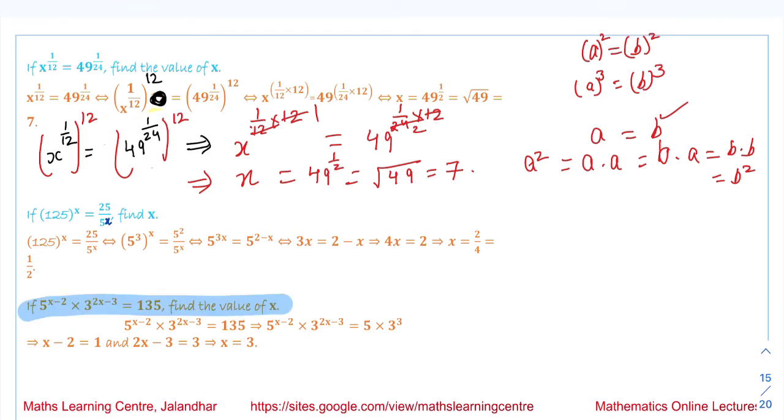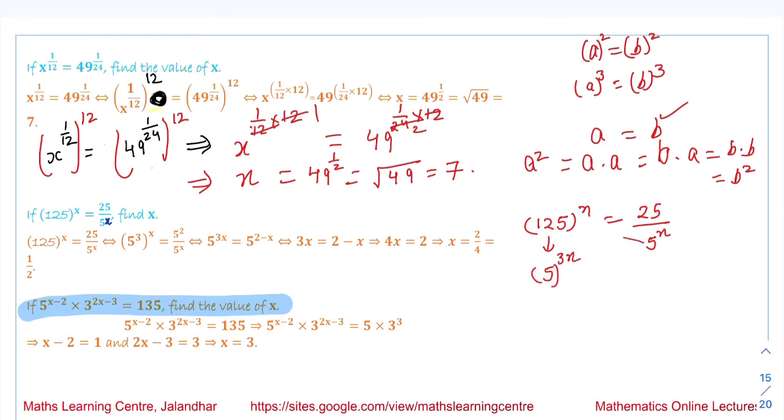Similarly, we have the next question. We are saying 125 raised to the power x is equal to 25 over 5 raised to the power x, and we have to find the value of x. So I can write 125 raised to the power x as 5 raised to the power 3x.